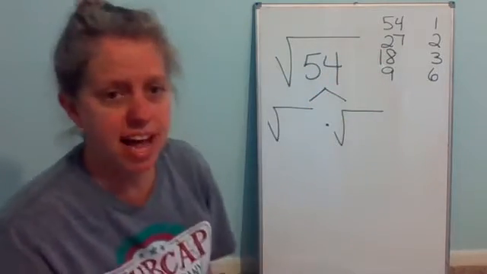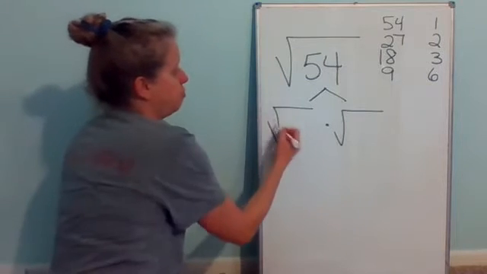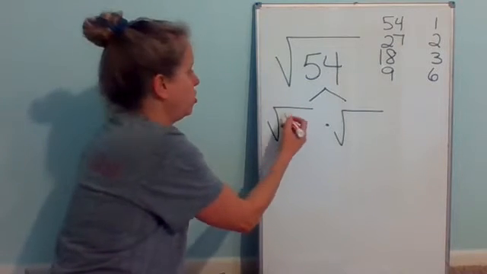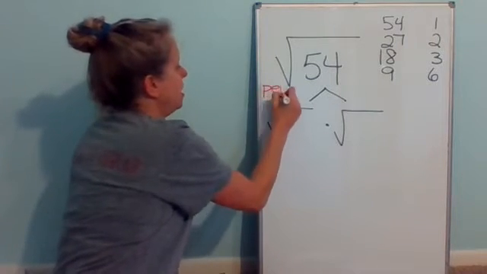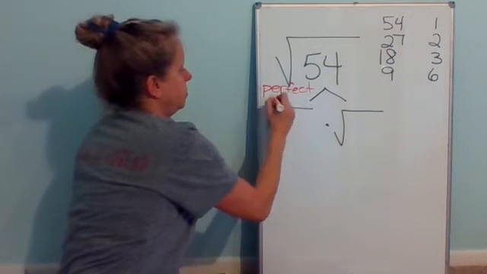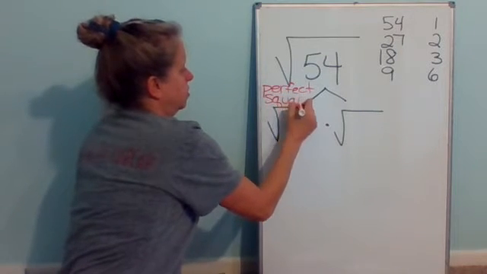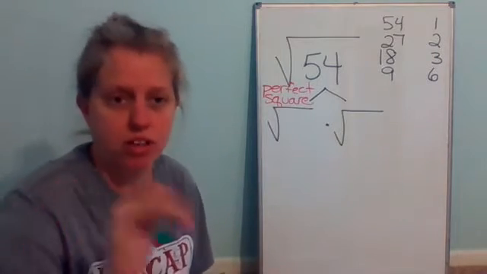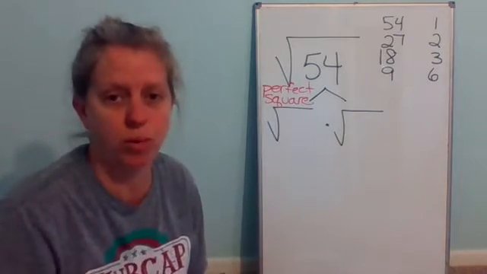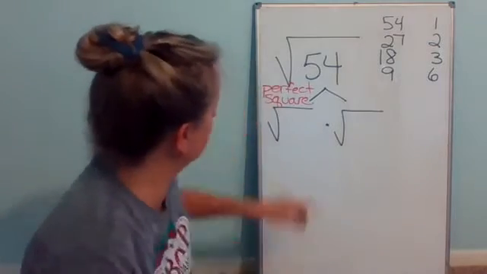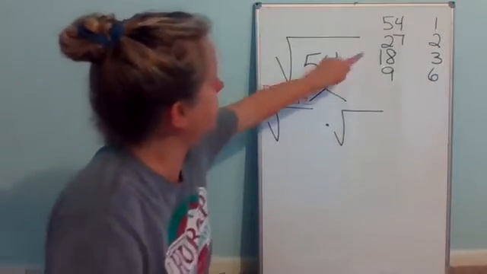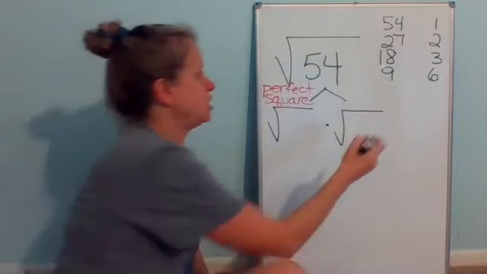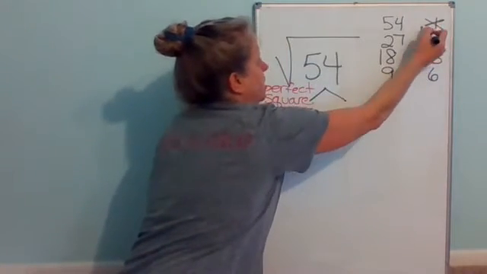The second step is the number that you put in this first square root has to be a perfect square. It does have to be one of those numbers that you can take the square root of. So when I'm looking at these numbers, 1 is a perfect square, but we don't ever count it in this.